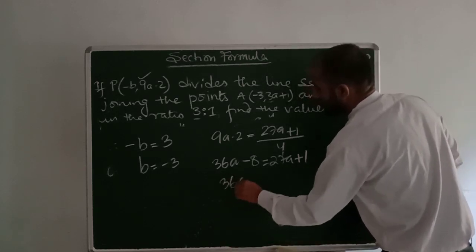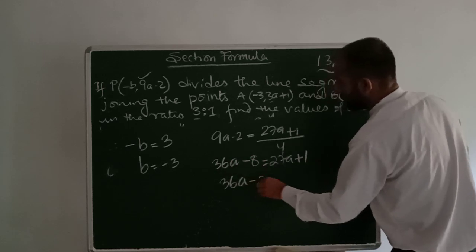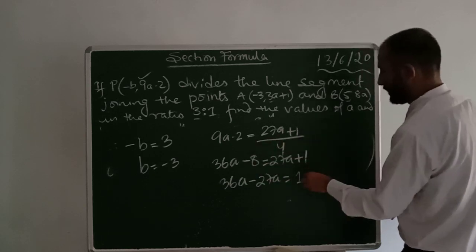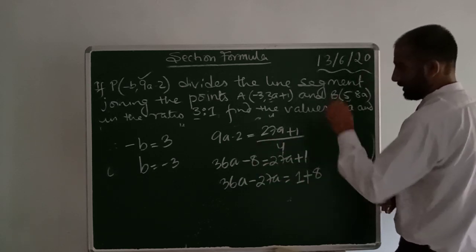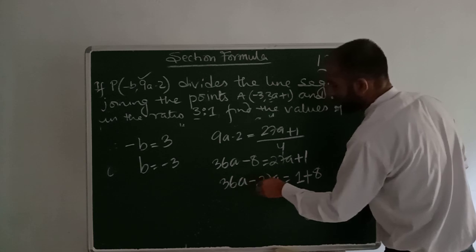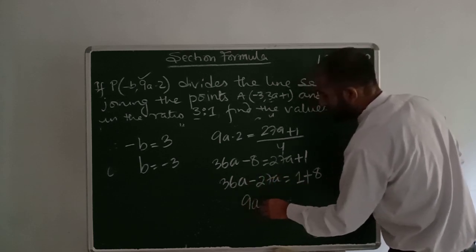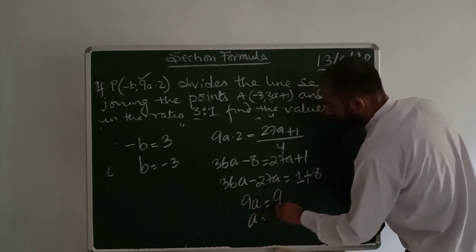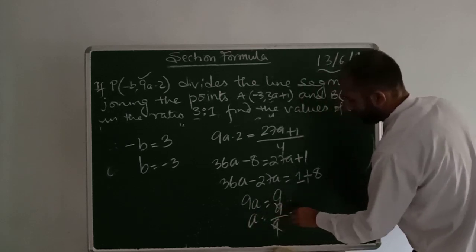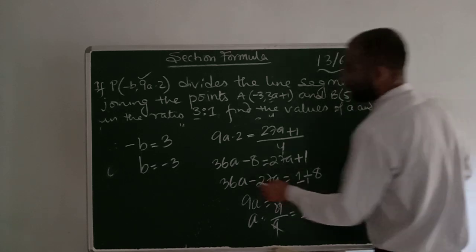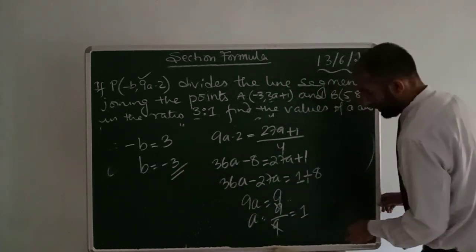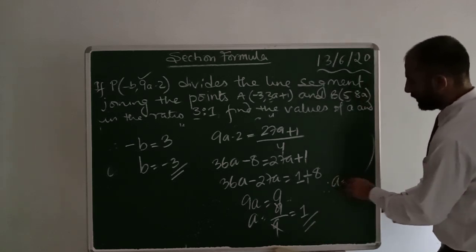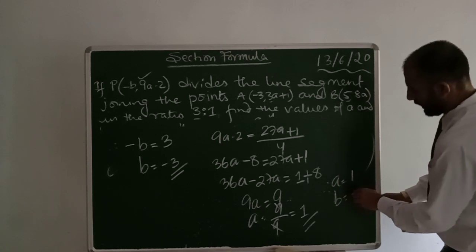So 36a minus 27a equals 1, and I'll bring this 8 to this side, plus 8. So 36a minus 27a, that is 9a, equals 1 plus 8, that will give you 9. So a equals 9 by 9, which is equal to 1. So we finally got the value of b as -3 and the value of a as 1. Therefore, a is 1, b is -3.